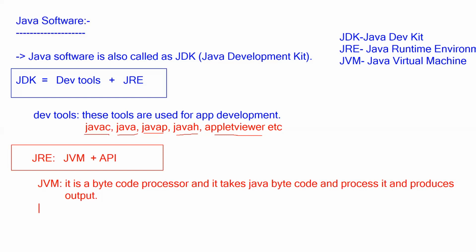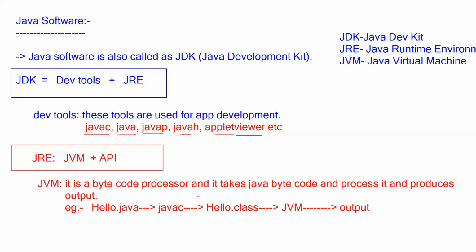JVM takes the bytecode, processes it, and produces the output. For example, you have written a program, hello.java, and this is compiled by the Java compiler, javac, and then it will produce the hello.class file. This is given to the JVM, and then it will run it and produce output.